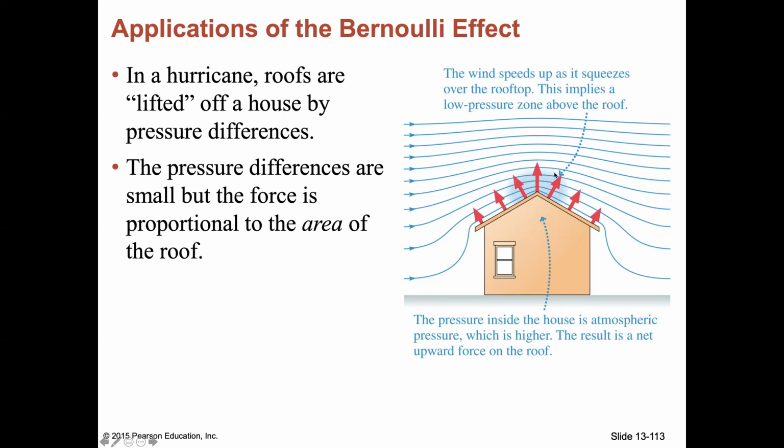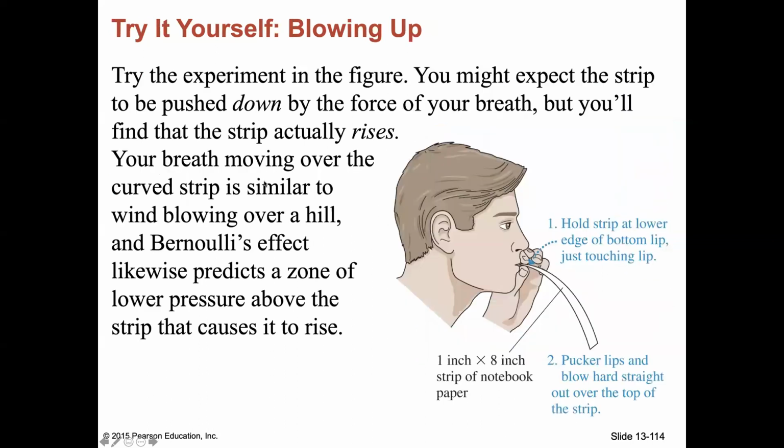And the high-speed wind results in low pressure, and such low pressure may cause the roof to be lifted off from the house. So these are the Bernoulli effects. And try it yourself.